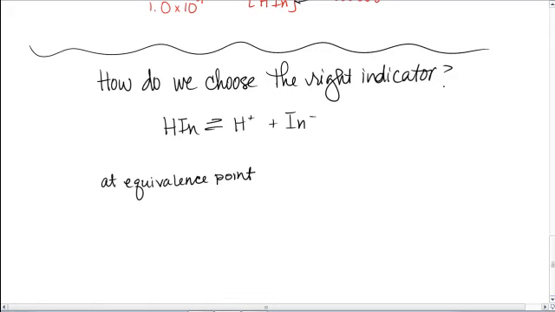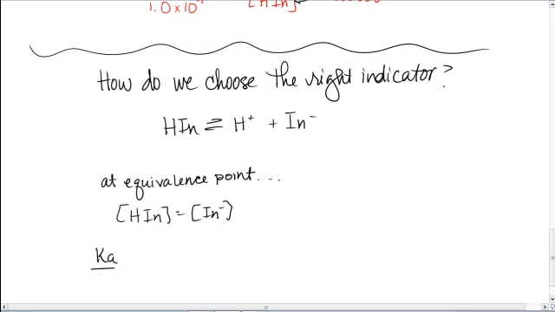Same concentrations of red and blue. We want that to be true at the equivalence point. So we want the concentration of HIn to be equal to the concentration of In minus. That's what we want for our indicator. We want it to change color at that point. So that would be the kind of switchover point from one to the other.